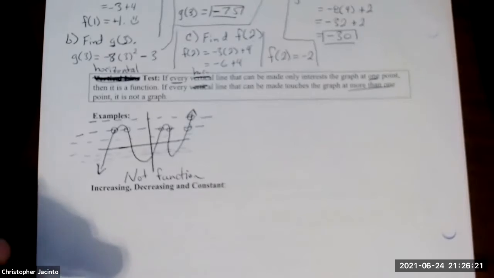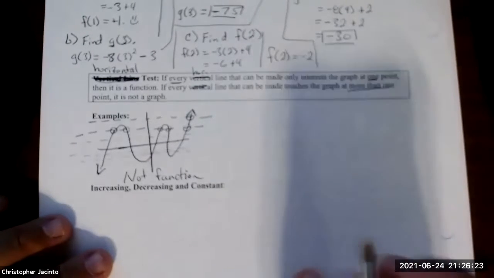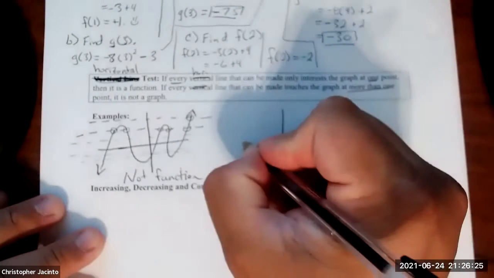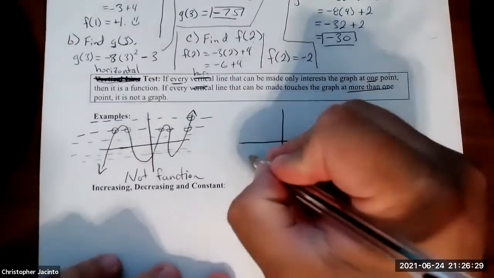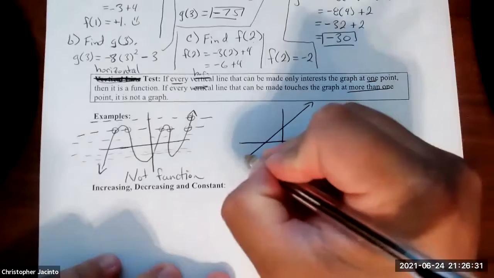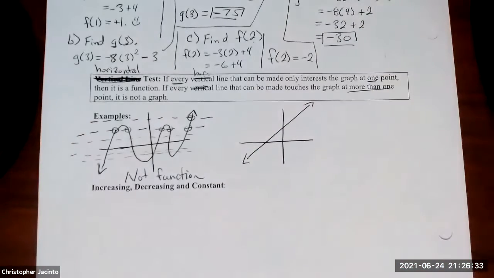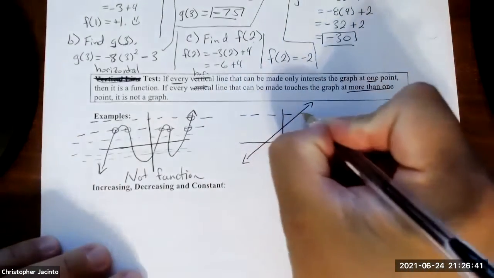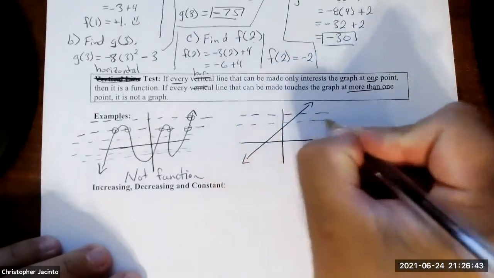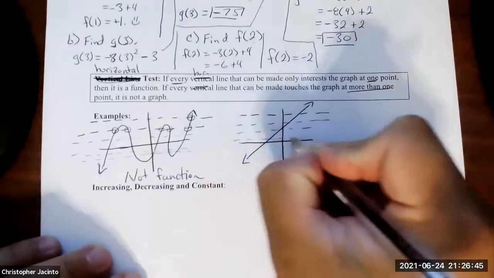Okay? And it's that simple when it comes to it. So let's just try another example. So this example is just a line itself. So I could pick any horizontal line, right? I just keep going, keep going, keep going.